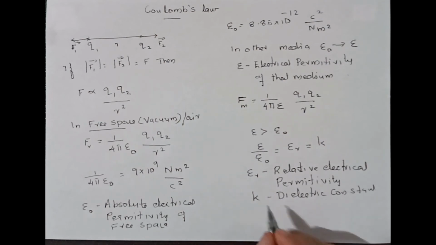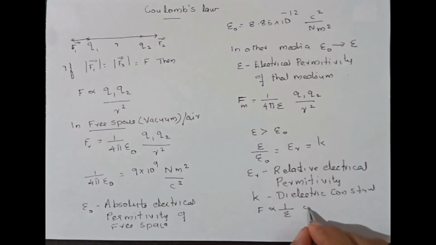Remember, the dielectric constant of every medium other than free space or air is greater than 1. So what does it imply? Because epsilon is greater than epsilon naught for all other media, it means that the electrostatic force between point charges will be the greatest in free space. In all other media, it will be less.